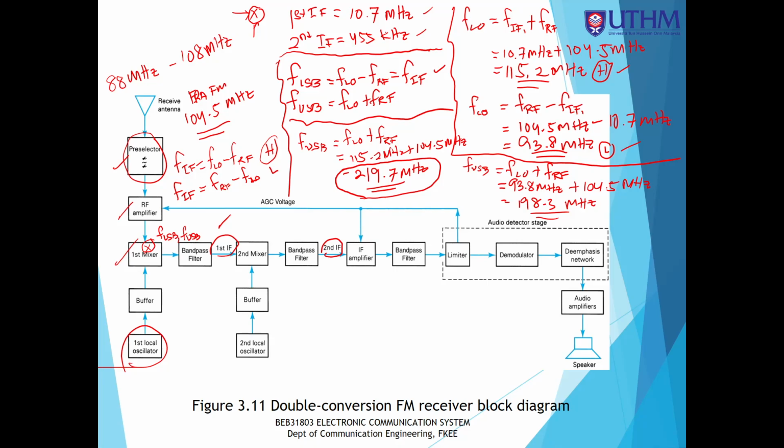So the output of the first mixer is 10.7 megahertz, and also the upper sideband. The upper sideband depends on the local oscillator frequency. Let's say I use high side injection, that means it will produce 219.7 and also 10.7 megahertz.